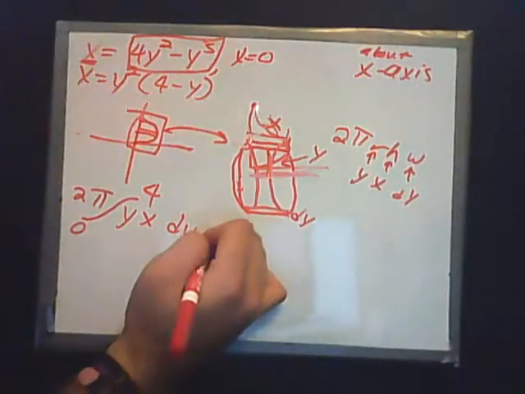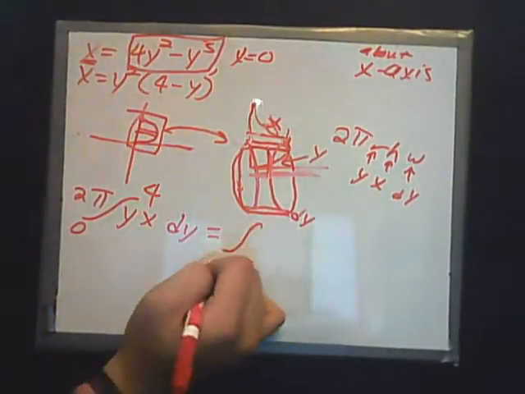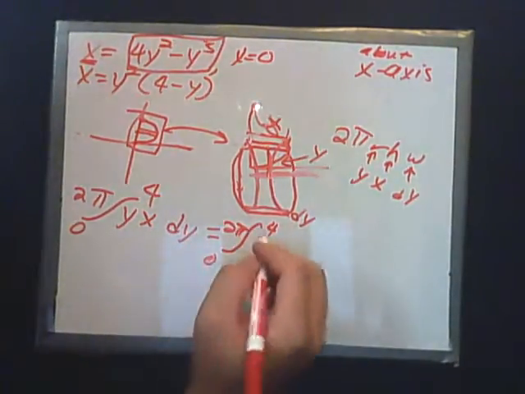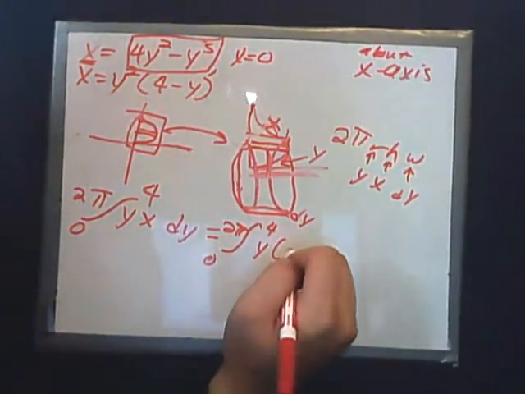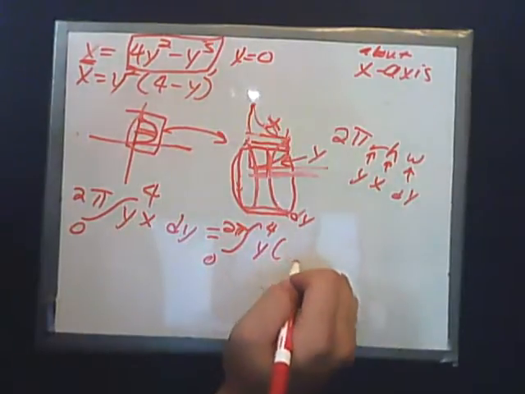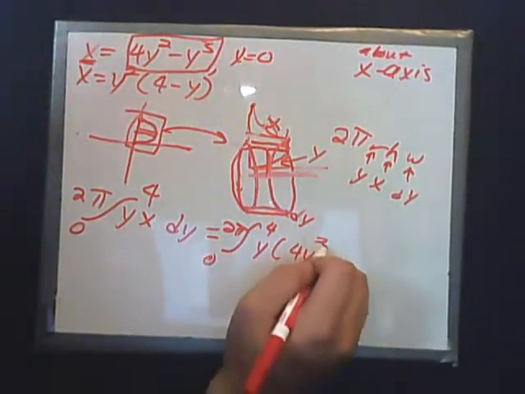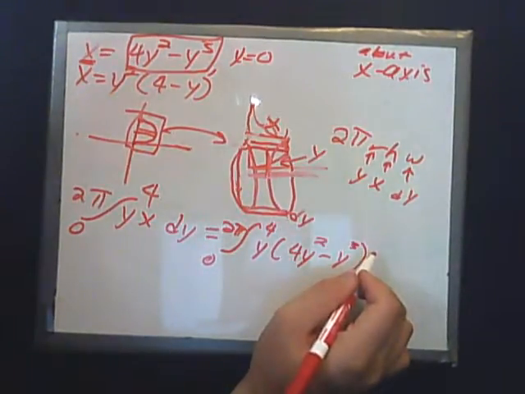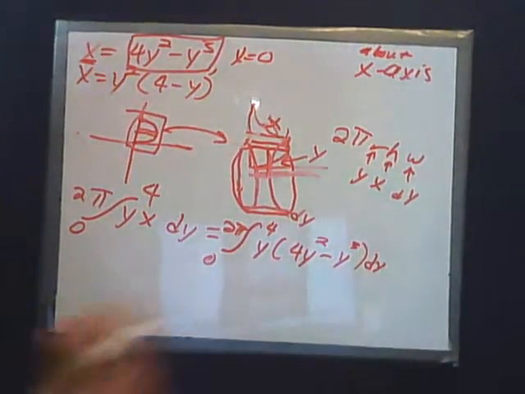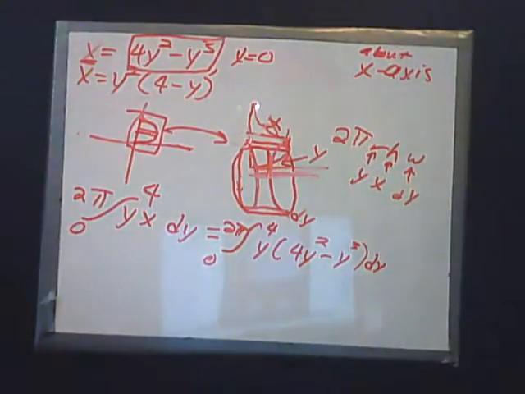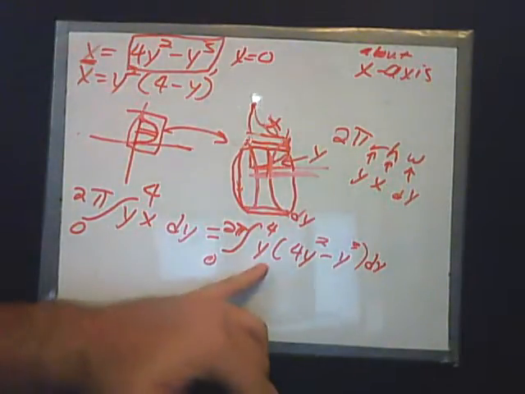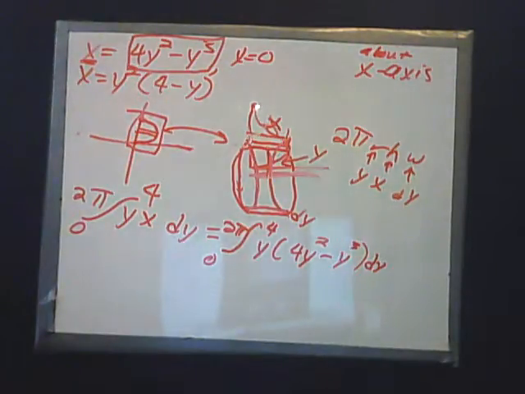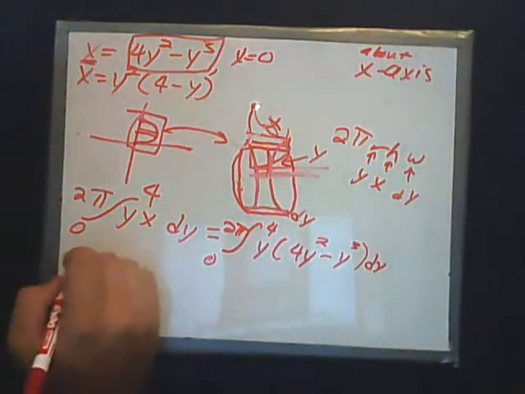So our new integral will become 0 to 4 with 2 pi outside of y times x, which is 4y squared minus y cubed. Then we have still dy out there. So now we're basically ready to integrate it. It would be easier to simplify this by factoring through that y.